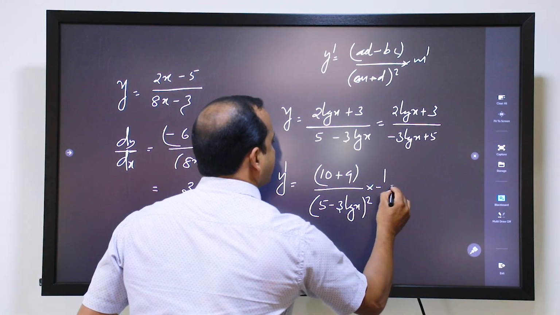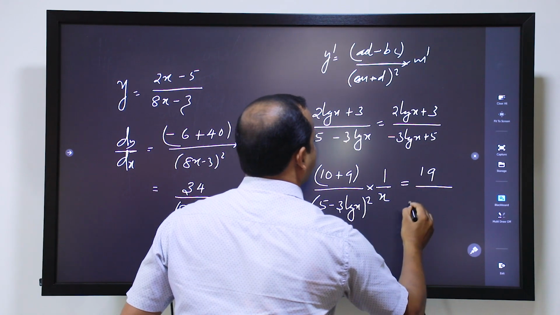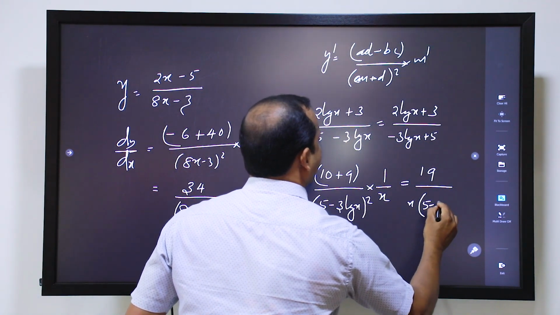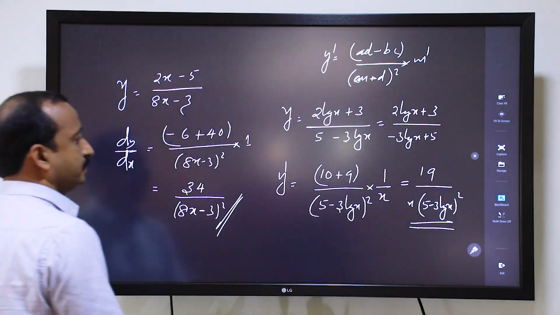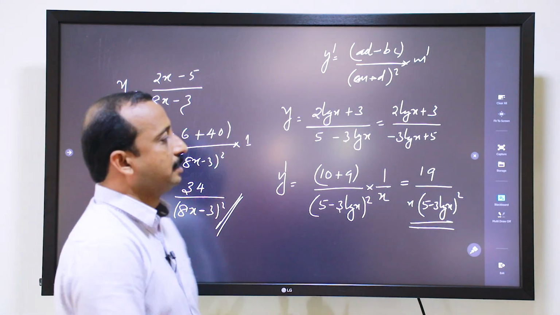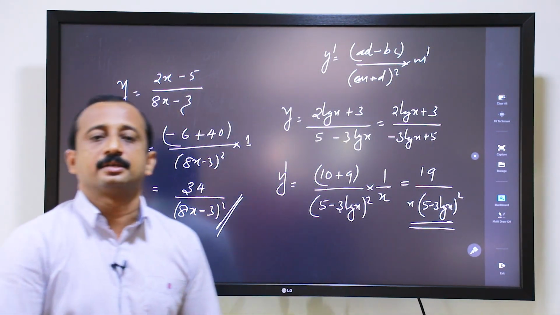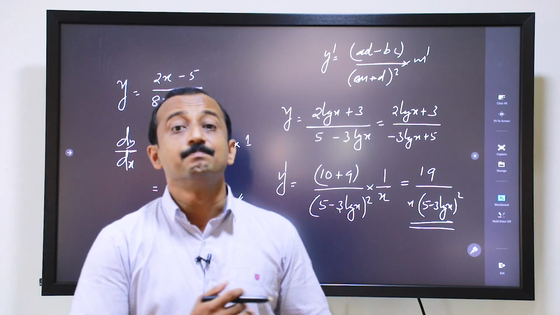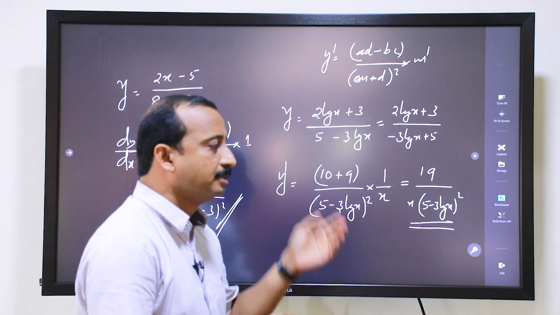You know the derivative of log x is 1 by x, so that is equal to 19 divided by x into (5 minus 3 log x) the whole square. That's all, that's very simple. Clear? Now I like to discuss problems on implicit functions, some interesting techniques on implicit functions.